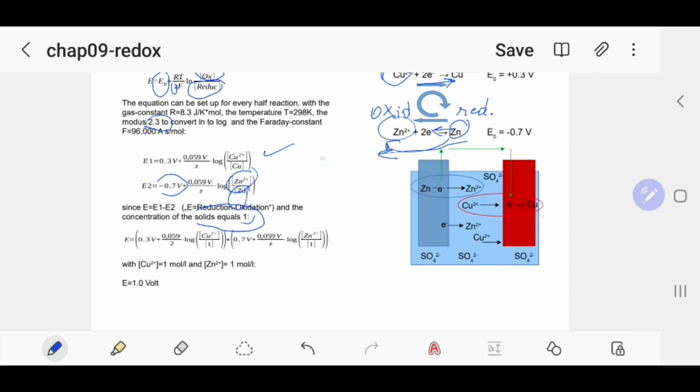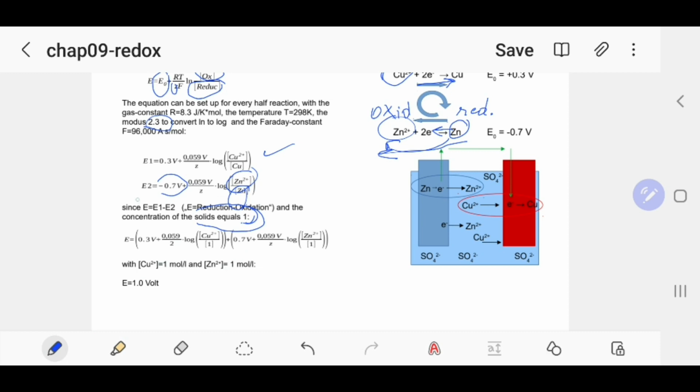So yeah, the solid has always a concentration of 1 if we have some aqueous reaction, because it does not interfere in the reaction itself. So it's just a solid. It doesn't take part of the liquid, so it doesn't have some quantity dissolved in the liquid. That's why we consider it's 1. It's a solid.